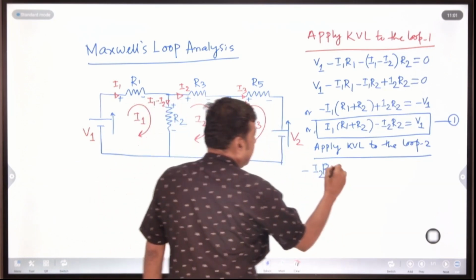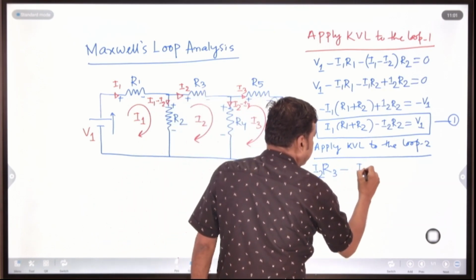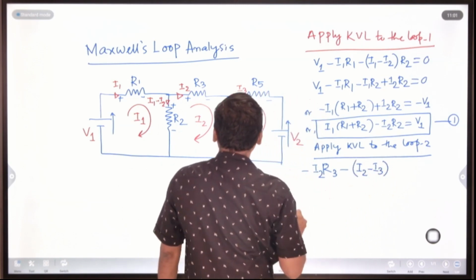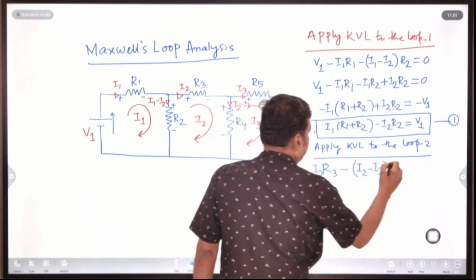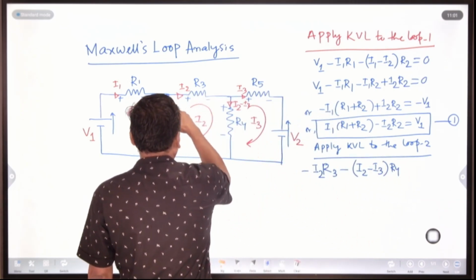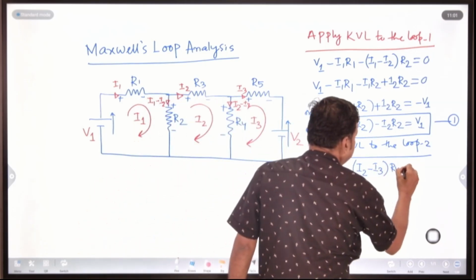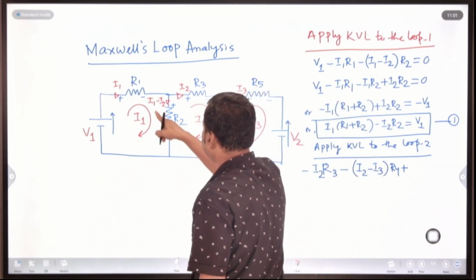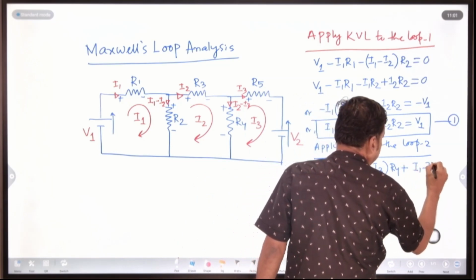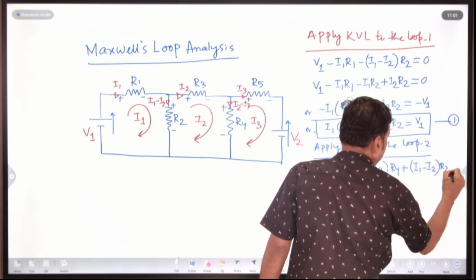Then plus to minus, minus, the current flow through this branch is I2 minus I3, whole into R4. Then again this is minus to plus, plus, clockwise, and the current flow through this branch is how much? I1 minus I2, whole into R2 equal to 0.